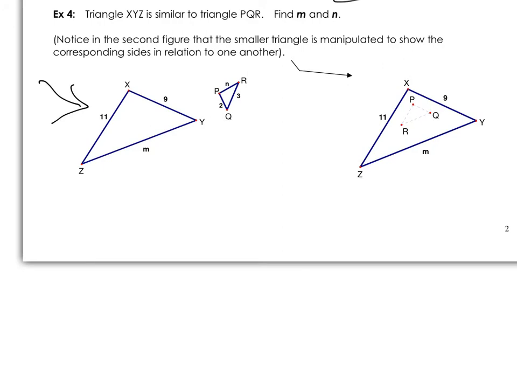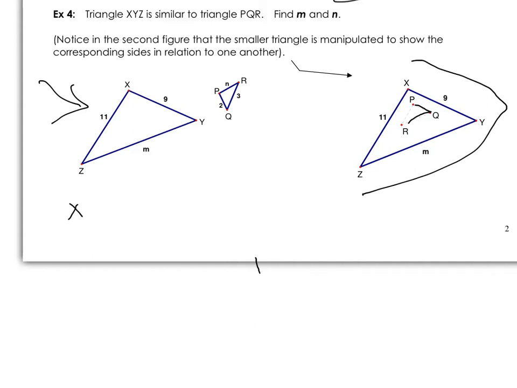Notice that it's x, y, z and p, q, r. So if we orient our triangles, draw one inside the other, so that they're oriented the same way, that might help us get our proportions right. So let's set up a proportion. We have x, y, z, and p, q, r.